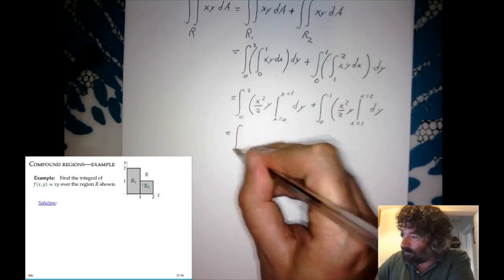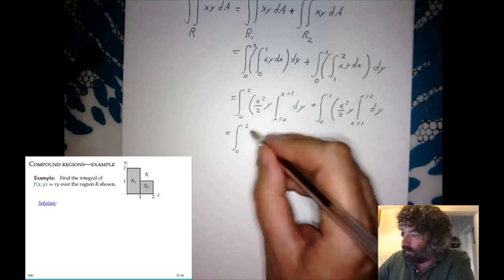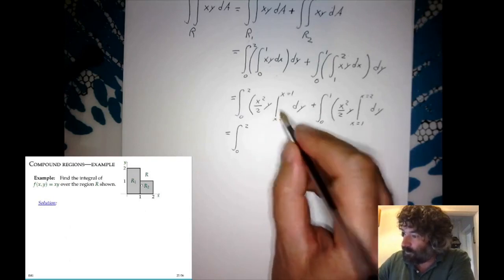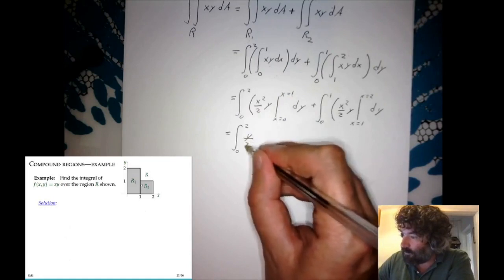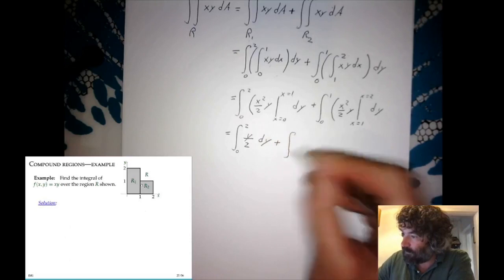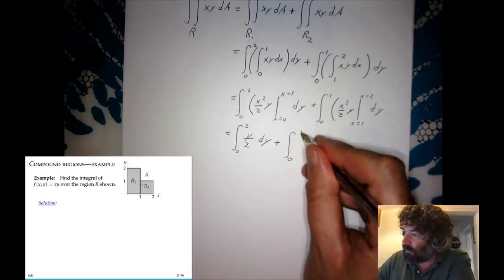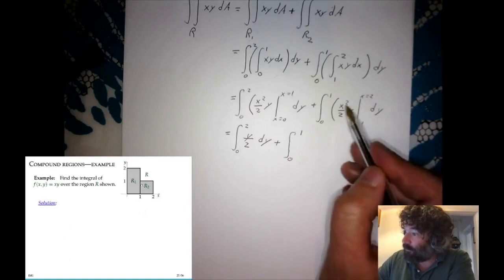We have this integral from 0 to 2. So we put in x equals 0, you get 0. You put in x equal 1, you just get 1/2 of, so this is y over 2. We have the second integral from 0 to 1. We put in x equal 2, we get 4 halves.